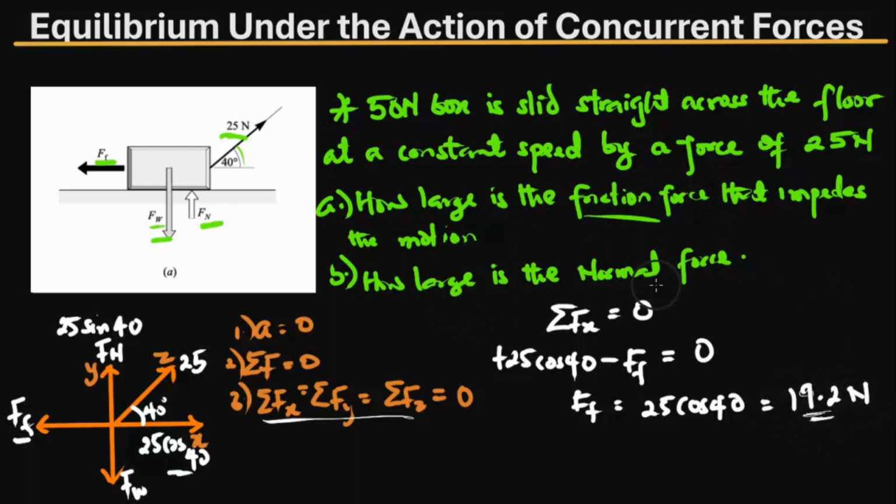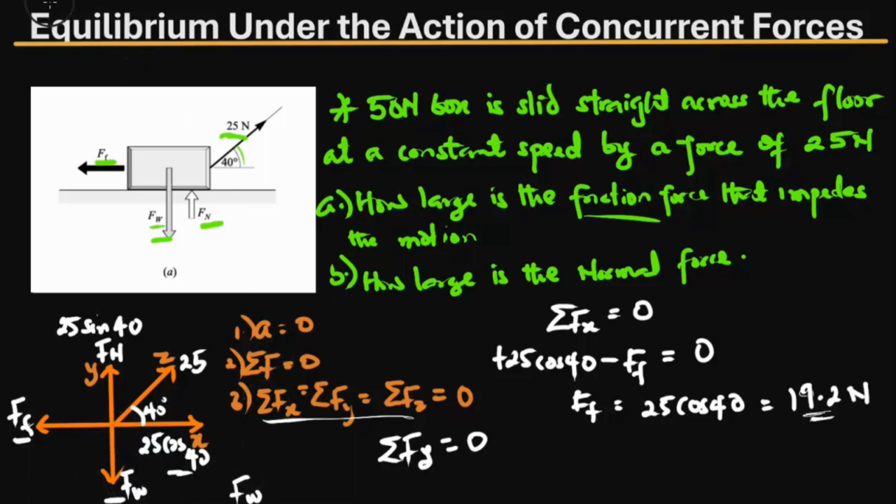How large is the normal force? So we're coming back here now. What is the sum of the forces acting in the y direction? You know that the sum of forces in the y direction must be equal to 0. So what are the forces acting in the y direction? We have our weight, acting in the negative y direction.